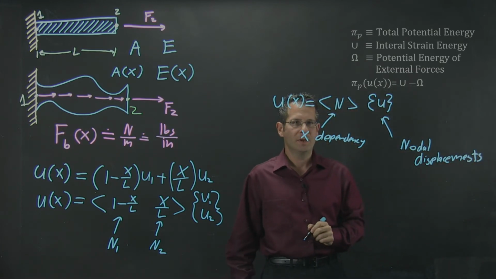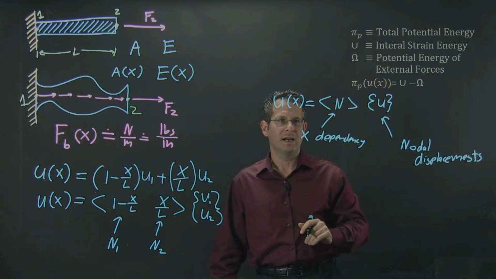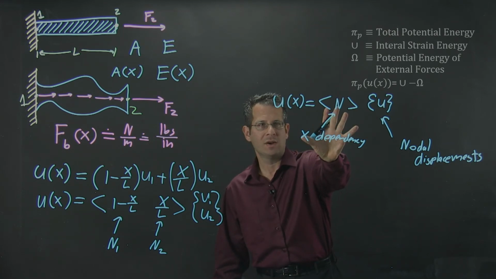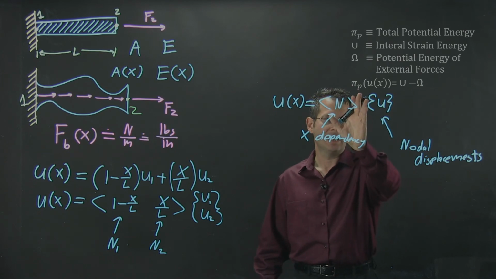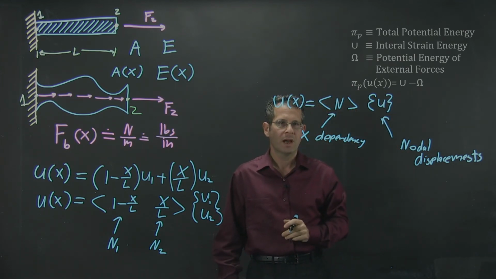So this has the nice property that all of my x dependency is in one vector, and all of my knowledge of my nodal displacements is in another vector. This is the vector I'm eventually going to try to solve for.